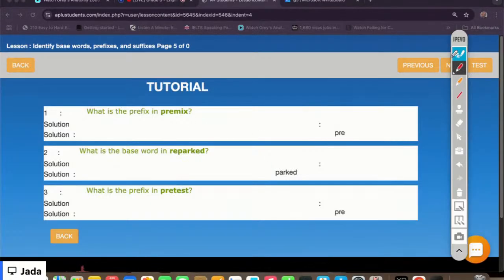Like I said, the prefix comes at the beginning. So it will be pre. And then what's the base word in repacked? So we have repacked, the prefix is re, and then packed is the base word. Then we have pretest. What is the prefix? The beginning, pre. Okay?